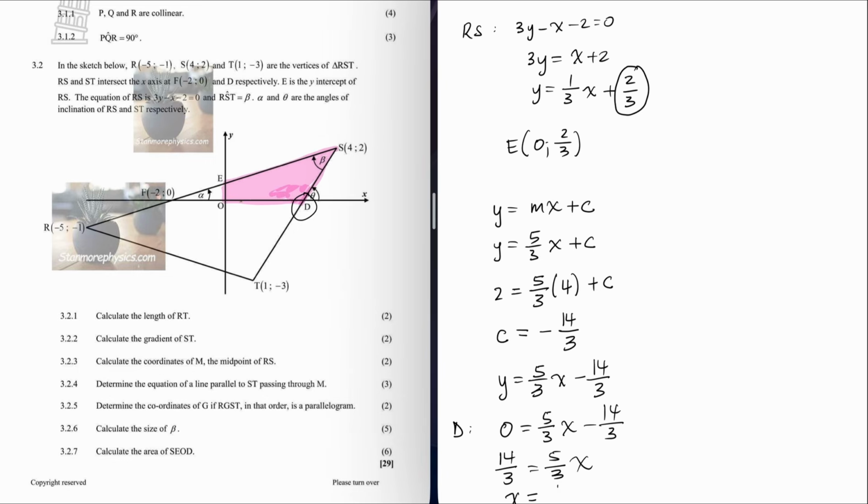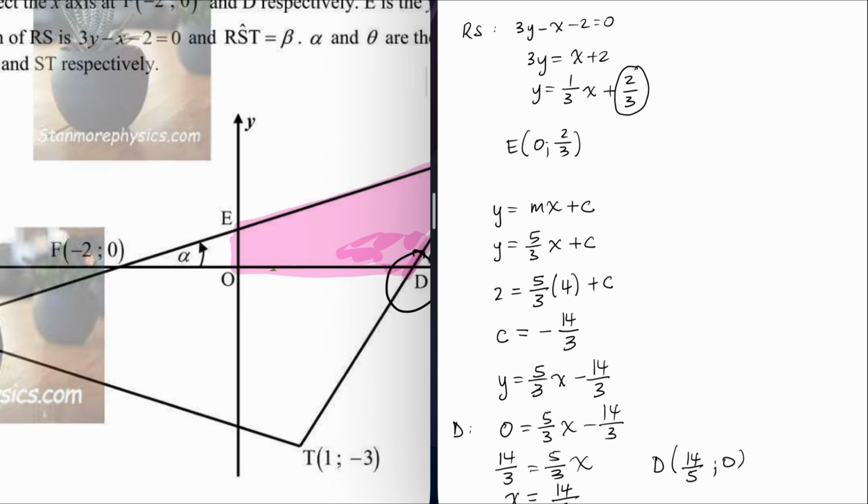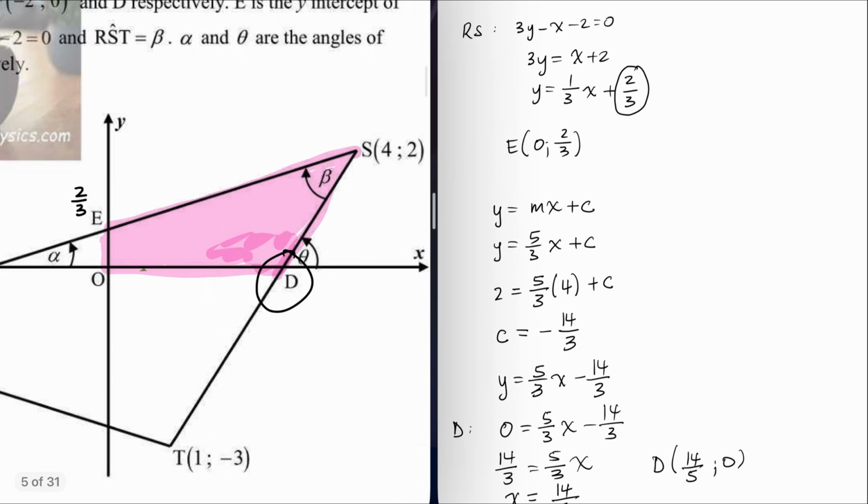X is going to equal 14 over 5. That means the coordinate for D is going to be 14 over 5 and 0. So I'm just going to input these on our graph so that it makes it a bit easier. So this is going to be 2 over 3. This is going to be 14 over 5.